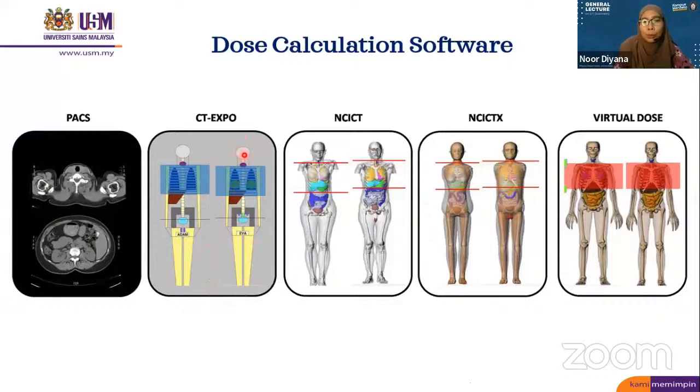It is more geometrical and not really accurate. But NCICT and CT Virtual Dose are more accurate, because they represent the actual anatomical structure of the human. Maybe some of you have gone through this software.